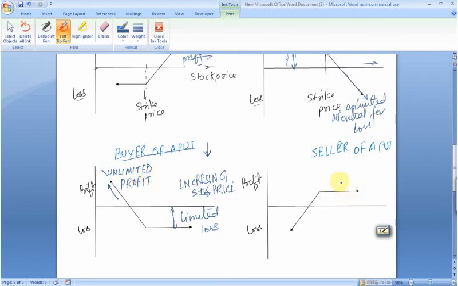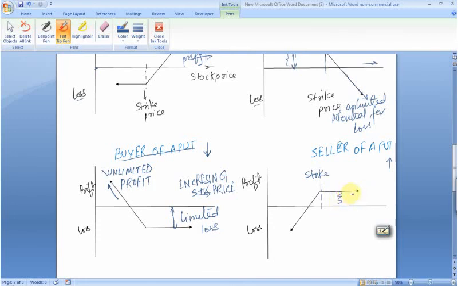And if you look at the opposite side, the seller of the put option, he wants the stock price to stay up. This is the strike price at which the buyer of the put option bought this put, and if you look at it, this is the profit potential for the seller of the put.